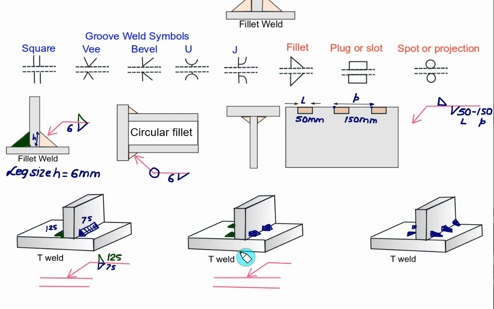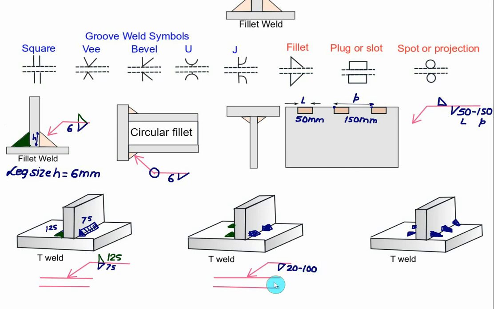This one is the second type of T weld. We have 2 stitches on the right side and 2 stitches on the left side. Again it's a fillet weld, so you have to show the fillet weld on this side. This side is the arrow side, so you represent it by a fillet symbol. At the same time you have to represent the length and the pitch. The length we can say is equal to 20 mm and the pitch is equal to 100.